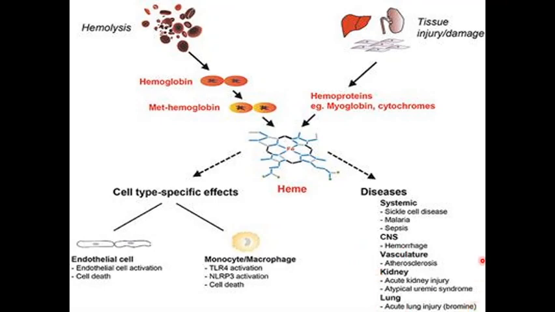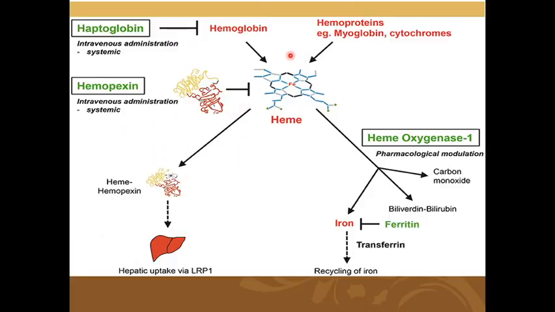So you can see how, with hemolysis, if hemopexin is not there, then damage can occur, right? Normally hemopexin binds with heme and then the heme is oxidized, and otherwise the other way is that the heme-hemopexin complex is taken up by the liver and destroyed by the liver cells.